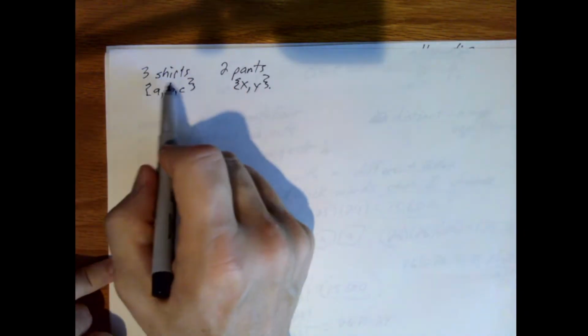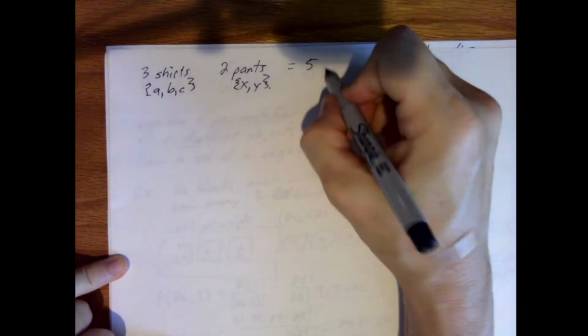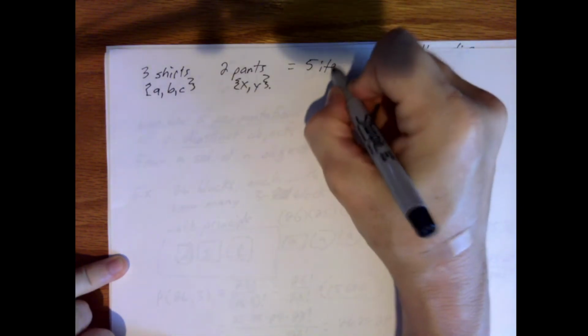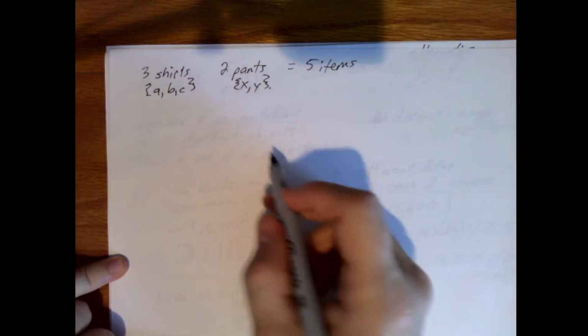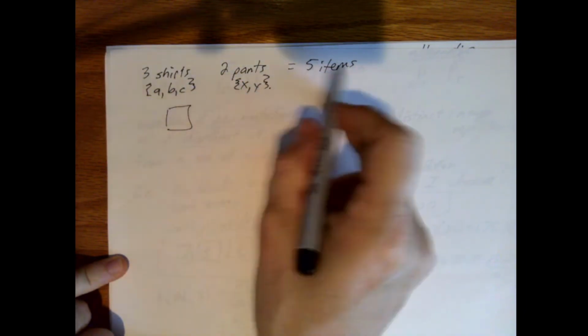Well, this is one of those cases where I look at it and I would use the addition principle, which I talked about in my first video, to say, well, I really have 5 clothing items, right, or 5 items. So what do we have? I can think then of having 5 slots on my rack to hang up things. So in my first slot, I can choose any of the 5 things, right?